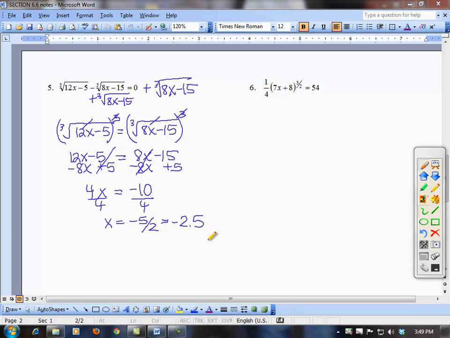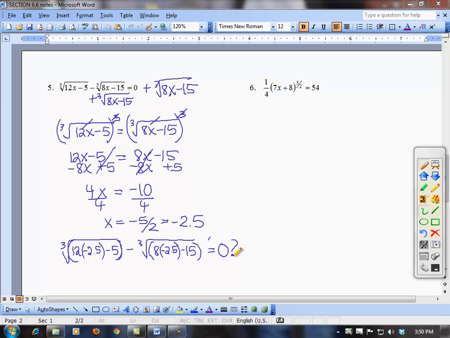Okay? Now when you check this, we just want to plug it back into the original. If I take the cube root of 12 times negative 2.5 minus 5, and this might need its own parentheses, and I subtract the cube root, and let's put another parentheses, of 8 times negative 2.5 minus 15, close my parentheses, do I get 0?